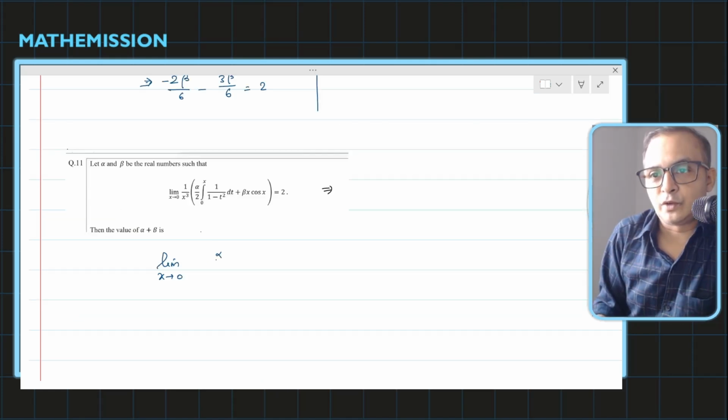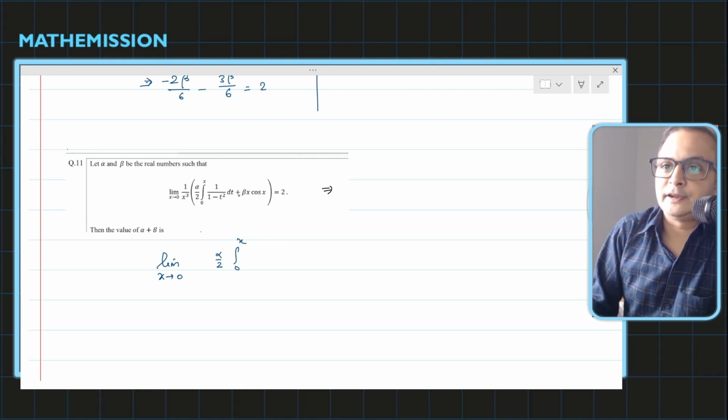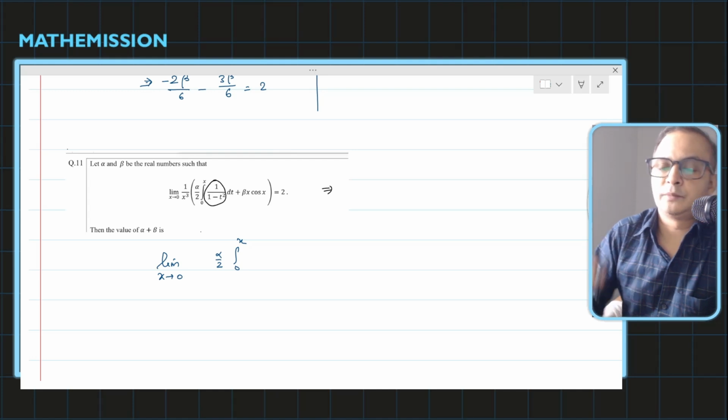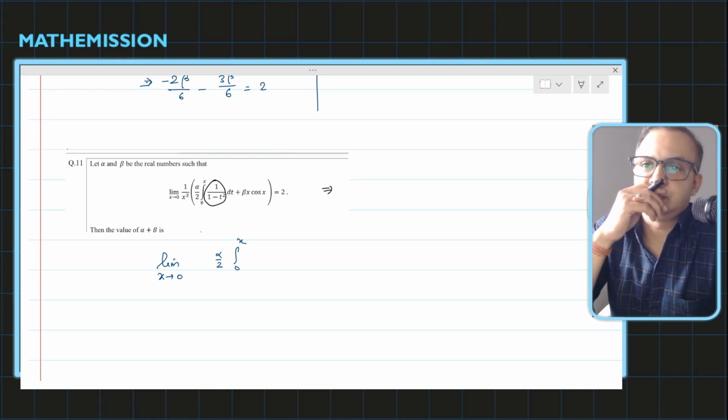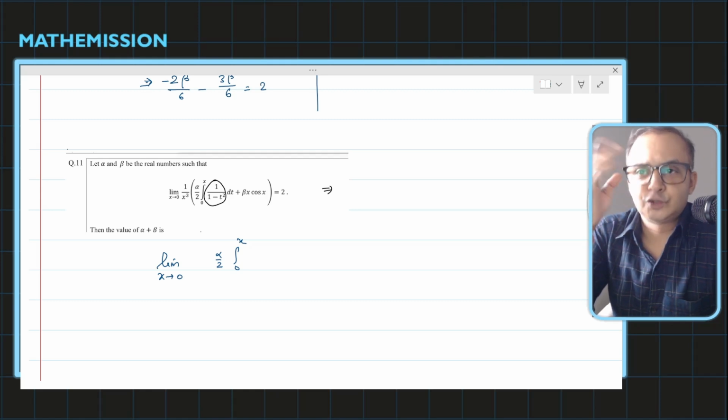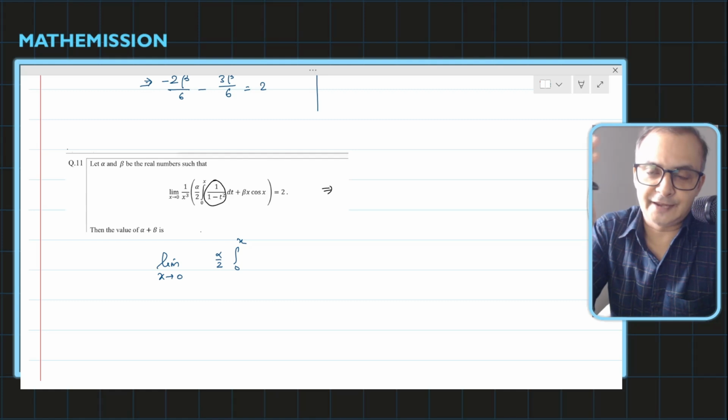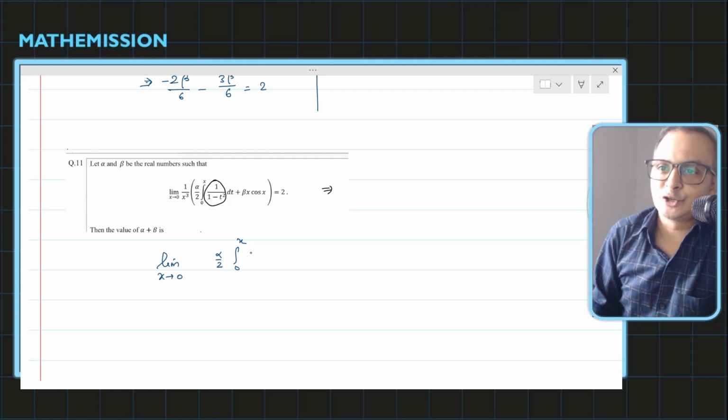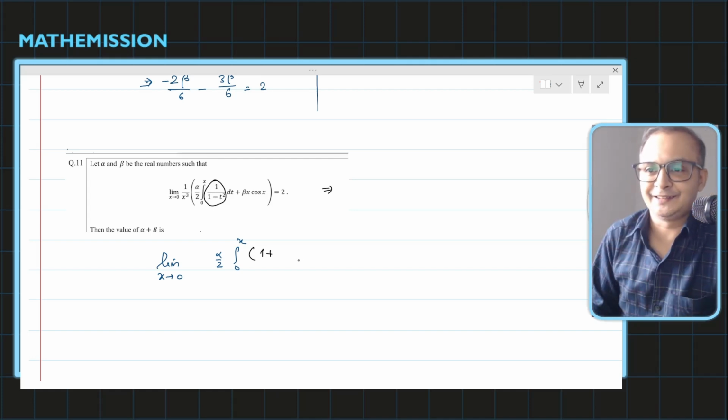So this is going to be alpha by 2, and this I'm writing, you can see, this is a by 1 minus r, correct? So if we assume that this is the sum of an infinite GP series, I can also write this as 1, and t square is the common ratio.